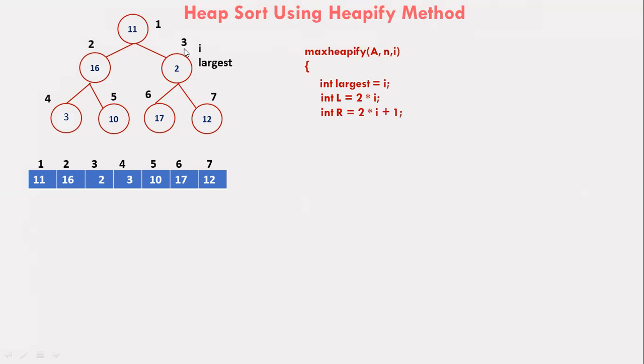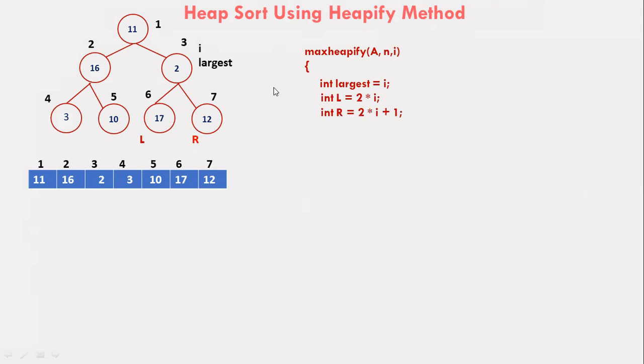So here my I is 3. 3 into 2 is 6, so the value 6 will come into L. And 2 into 3 is 6, 6 plus 1 is 7, so the value 7 will come into R. So my L is equal to 6 and R is equal to 7.